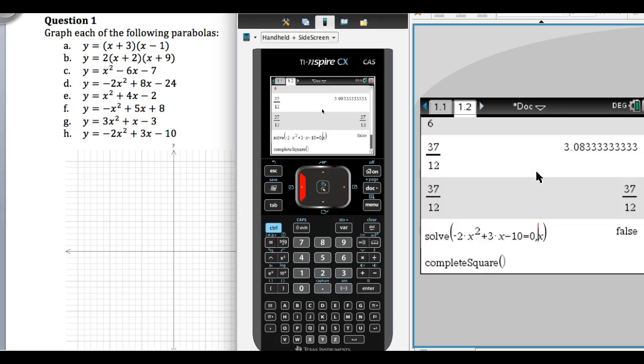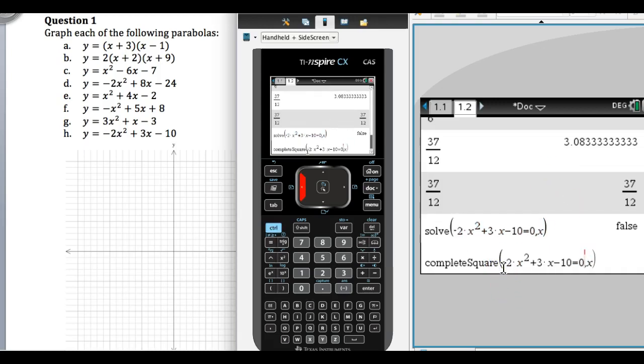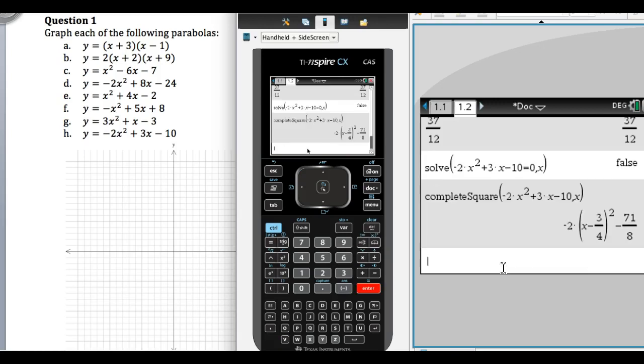I'm just going to highlight this. Okay, the only thing I need to delete is that equals 0. It won't work if I don't put it in. Oh, look at this. This is horrible. Oh, it's not too bad. So what do we got? 3 over 4 and negative 71 over 8 as our turning point.